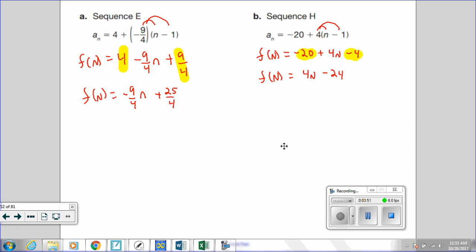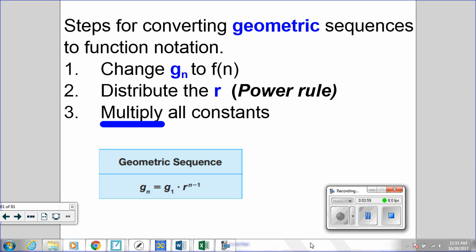Now I'm going to show you how to convert a geometric sequence into function notation. On this one, as you can see, the steps are very similar. The steps for converting a geometric sequence to function notation are: change the g sub n to f of n, distribute the r, and then multiply all the constants.